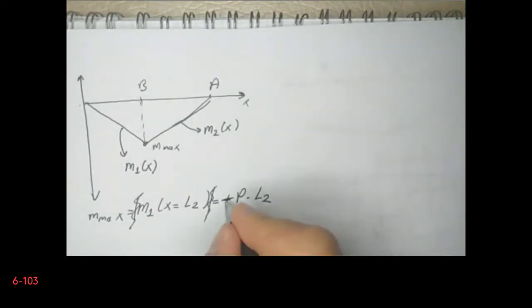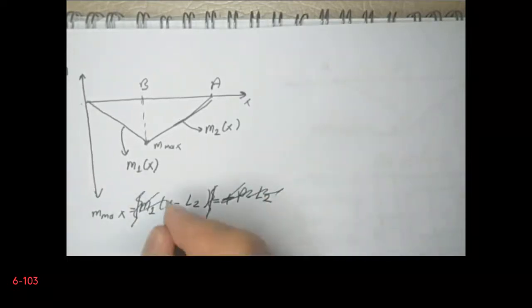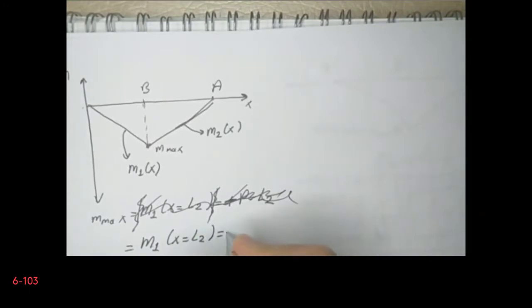Let's write it again here. So this is M1 at X equal to L2, and that's equal to minus P multiplied by L2. That's okay. Now this is the maximum bending moment. This is the critical point for our design.